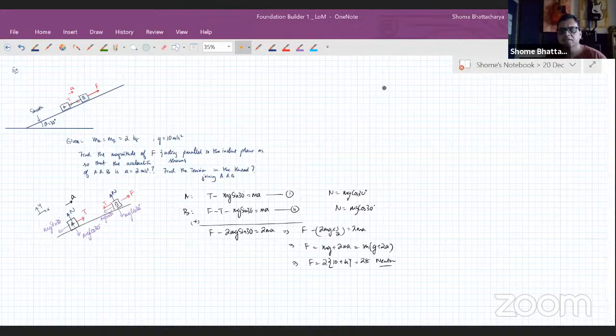Yeah, this is the very standard thing on the inclined plane, Harsh, that we have discussed, how to take the components of the weight of an object.